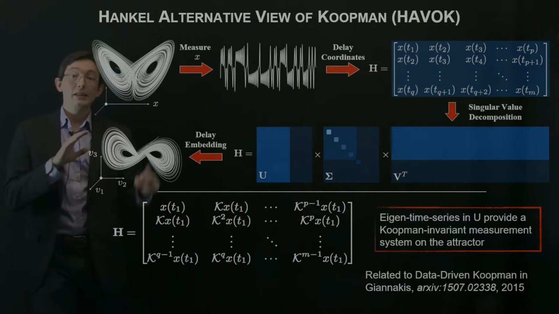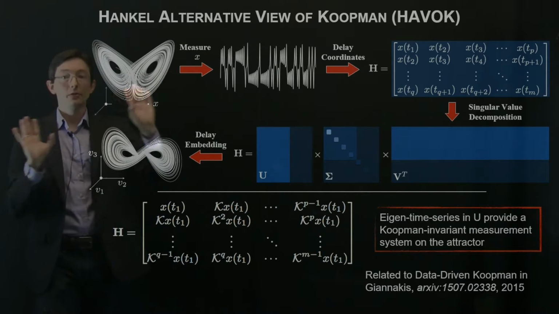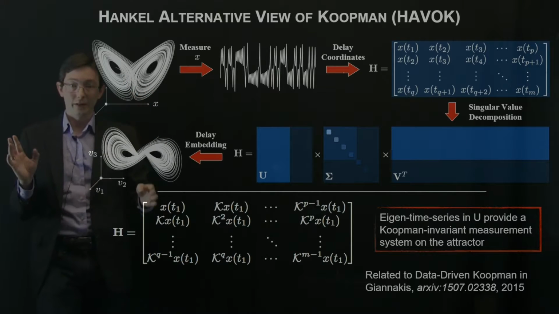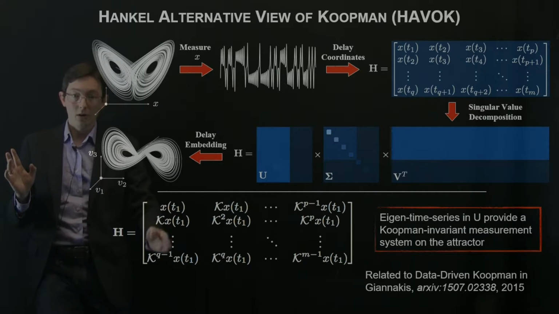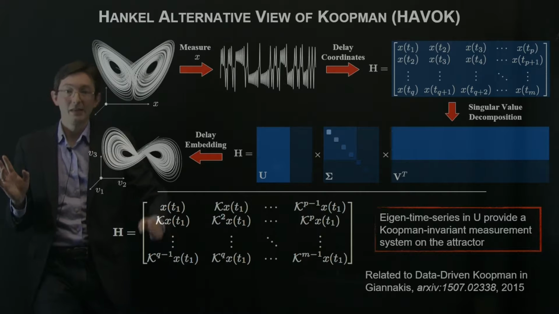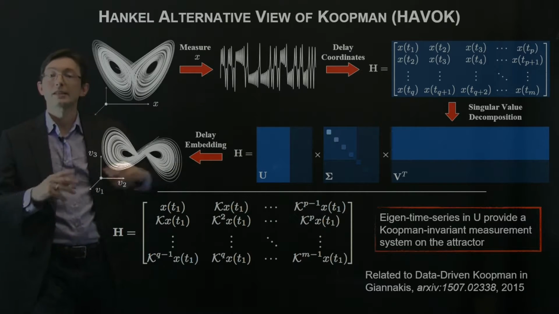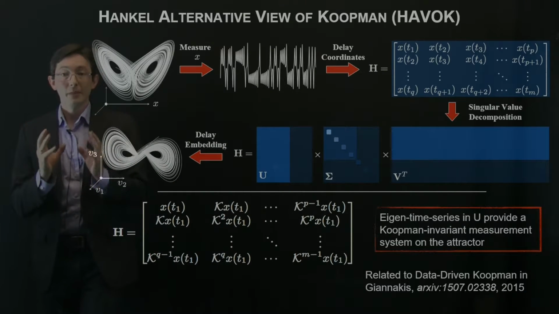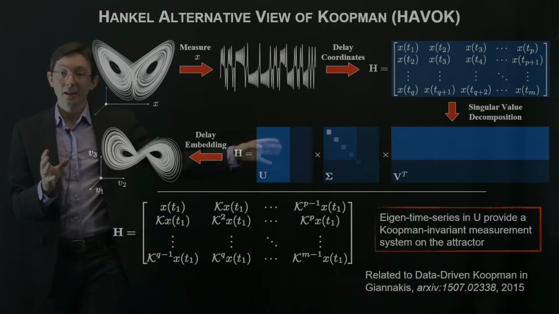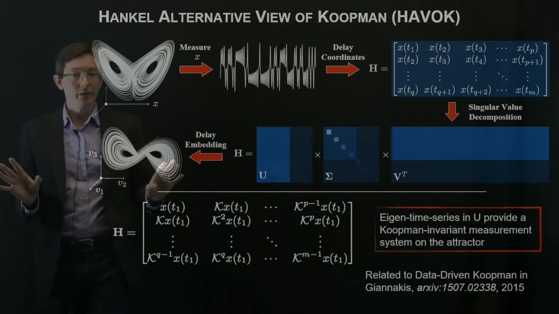At least for data on the attractor, that's not true for all data, but for data on the attractor, if I have one column and I hit it with Koopman, I'm still going to be in the span of U. So this is a Koopman invariant measurement system given by eigen-time delays of the Hankel matrix. And it's data-driven. Very, very cool.